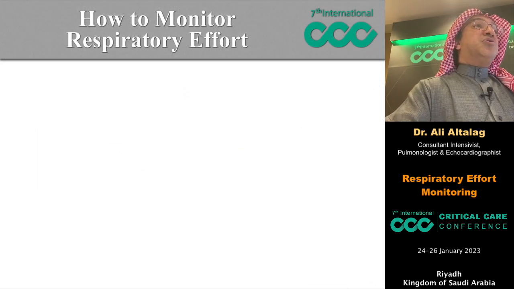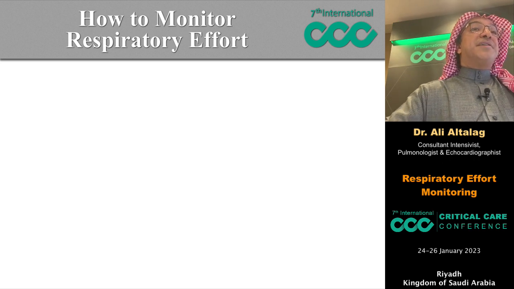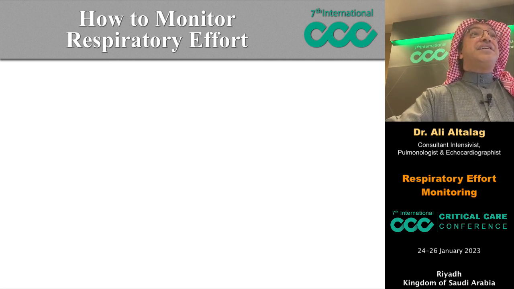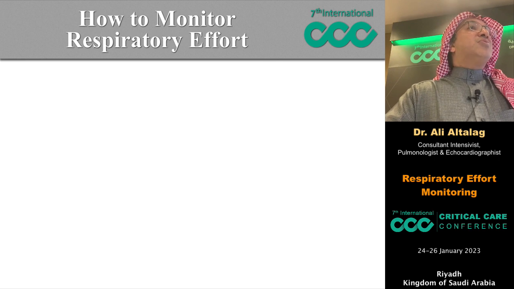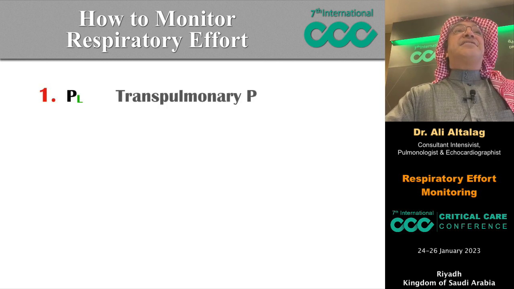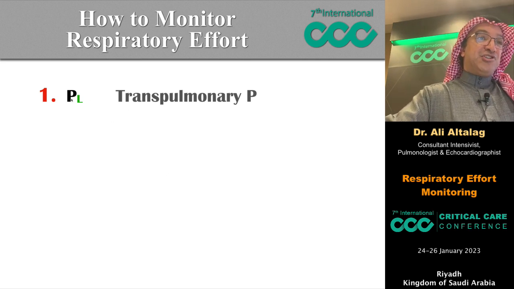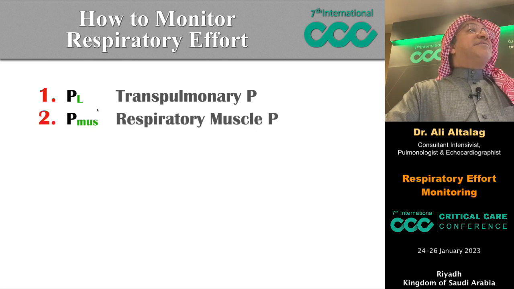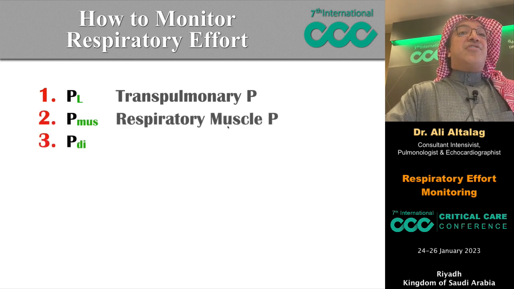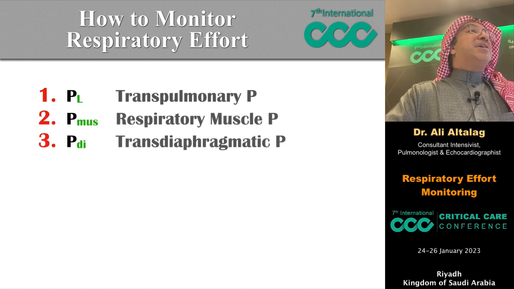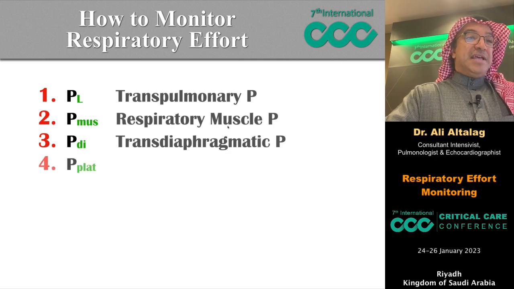So this shows that monitoring respiratory effort is extremely important. So how can we do so? In fact, there are 8 objective parameters. The first one is the transpulmonary pressure. This is the abbreviation. Respiratory muscle pressure. Transdiaphragmatic pressure, which is mainly used for research.